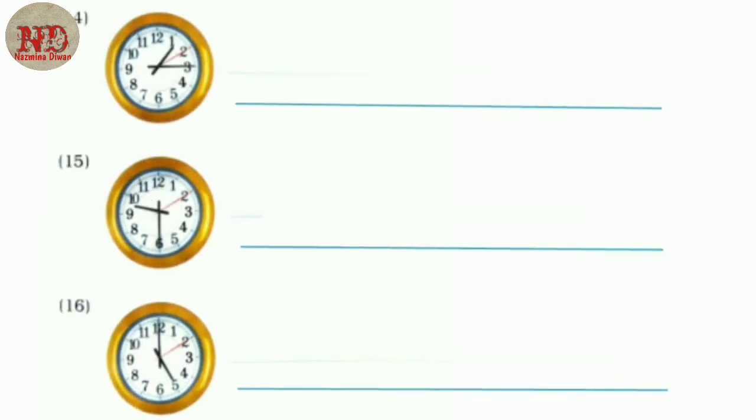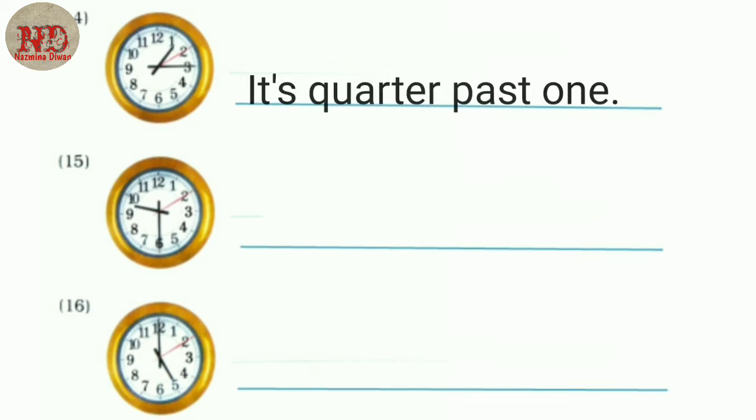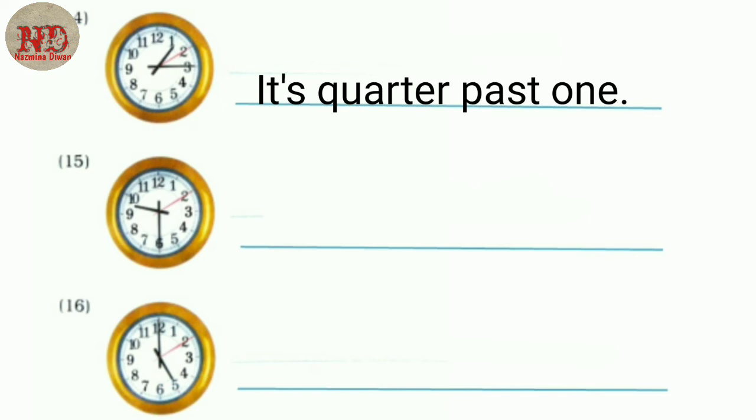Now next, in this clock, a short hand is at 1 and a long hand is at 3. So what time is it? It's quarter past 1. Okay students, 3 means quarter past.